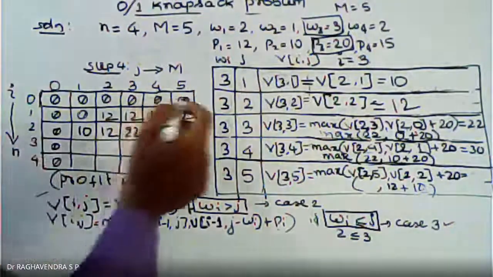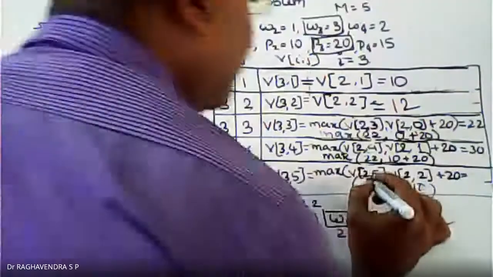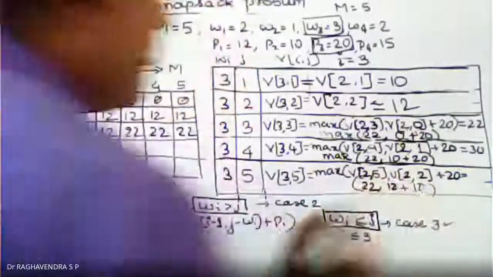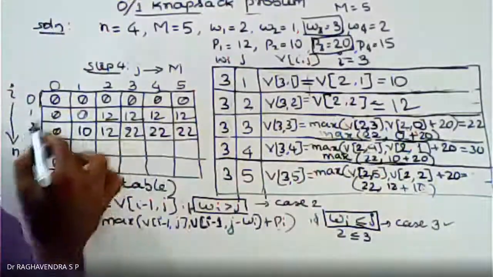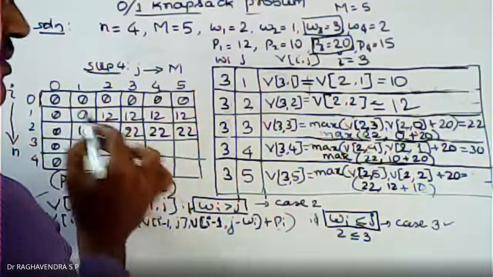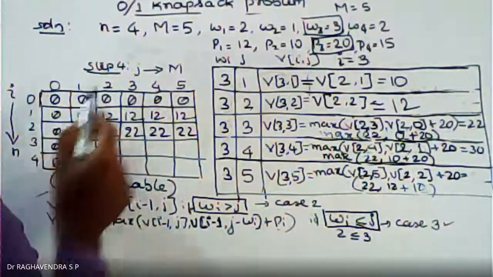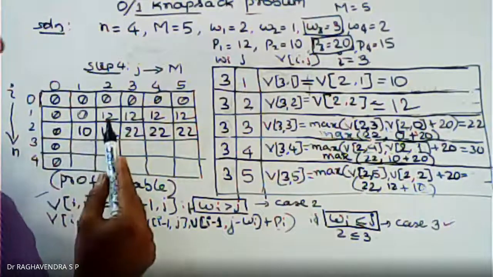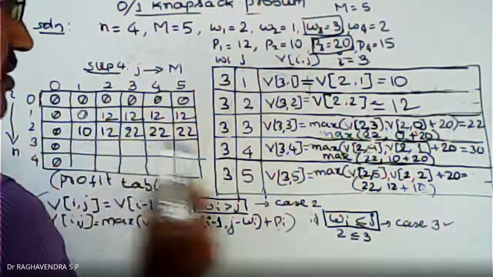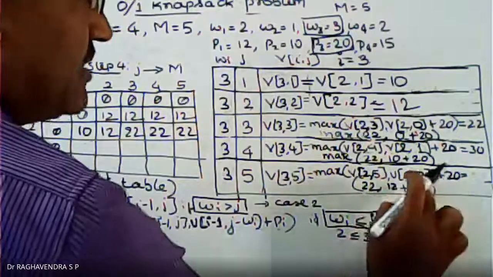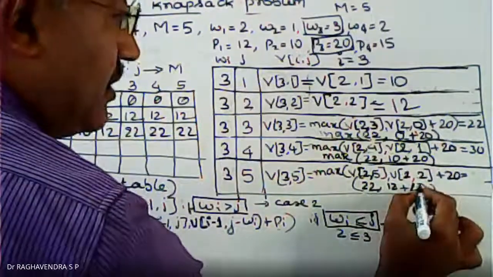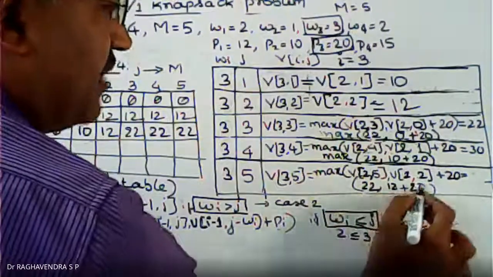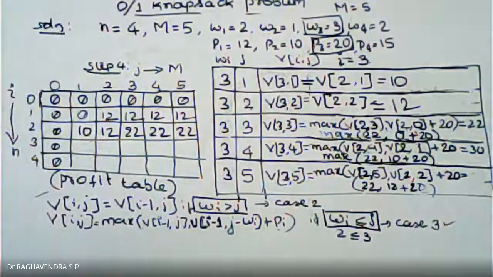2 comma 5, what is the value? 22. Okay. 2 comma 2, what is the value? It is 12 plus 20. So at one end we have 22, at the other end we have 32.